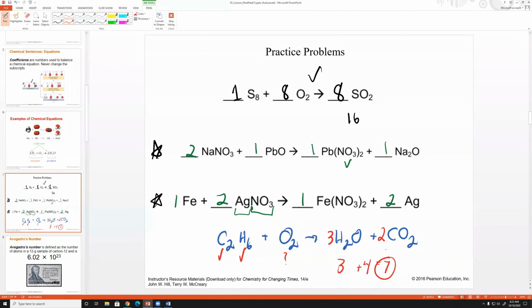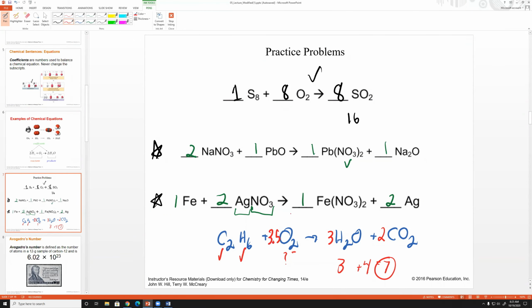So we have 7 oxygens on the right side to balance with the left side. Now, we need to put a coefficient in front of O2 to balance out 7. So what times 2, meaning this O2, would equal 7? 3.5. Exactly.